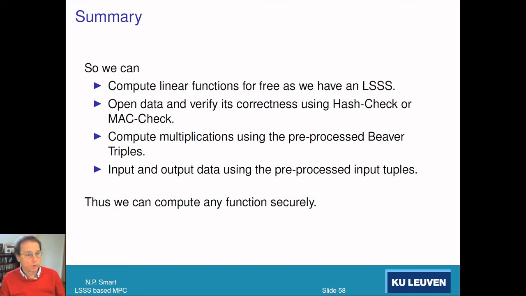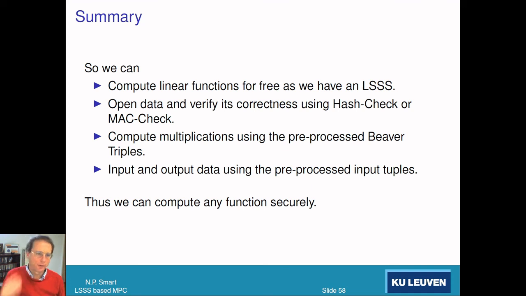We can compute multiplications using the pre-processed Beaver triples, and we can input and output data because we have these pre-processed input triples. And because of that, we can compute any function securely, because we can write any function as a sequence of additions and multiplications.